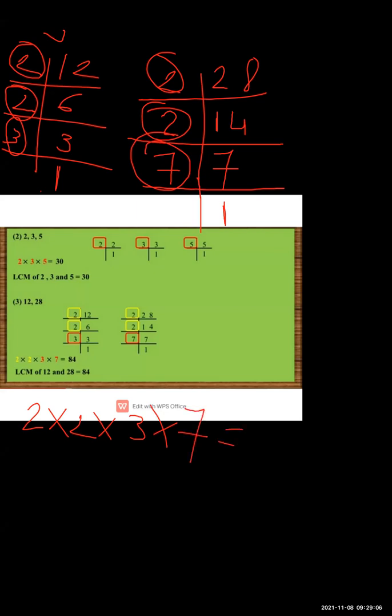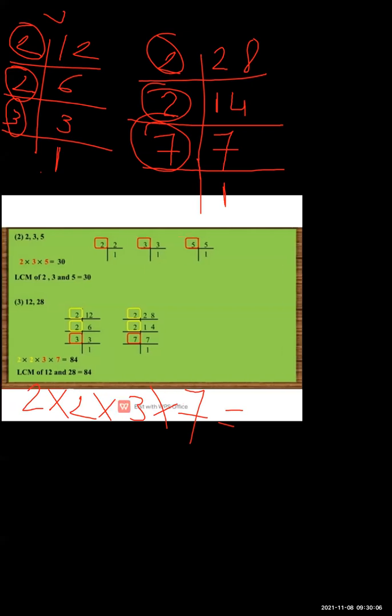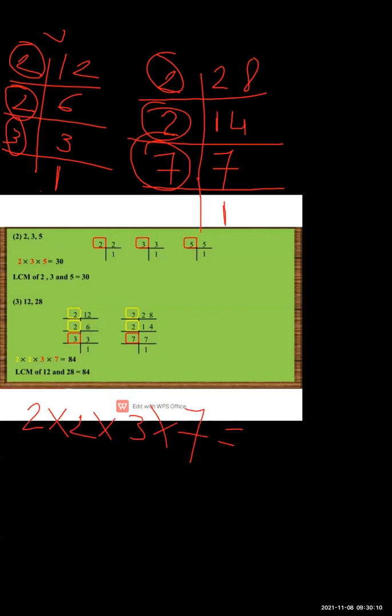Now multiply: 2 2s are 4, 4 3s are 12, and 12 7s are 84. So our least common multiple of 12 and 28 is 84.